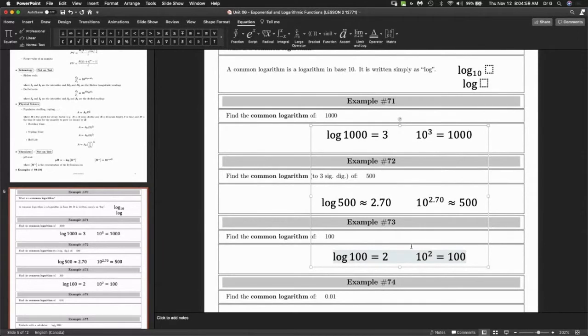So at least though, for this one here, you should be able to understand that the answer has to be between 2 and 3, because when you go for 1,000, it's 3, and when you go for 100, it's 2, and since 500 is somewhere in between, then the answer is going to be somewhere in between 2 and 3. It's not a proportional relationship.